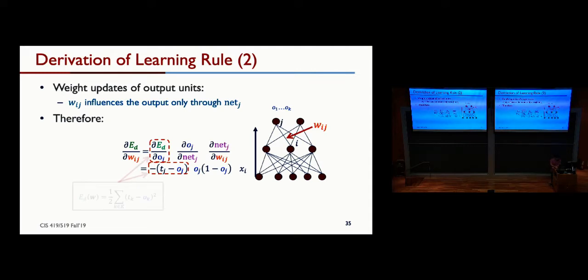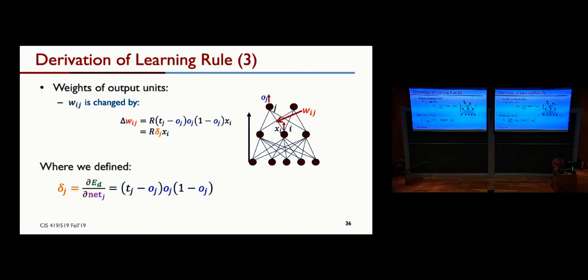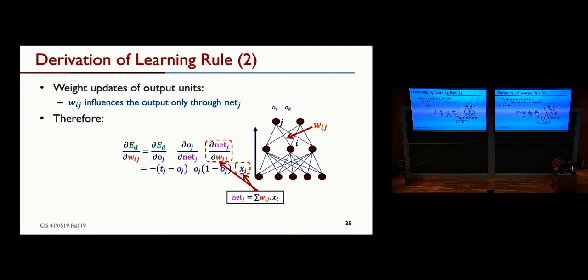Okay. The next one is the gradient of this output you computed with respect to whatever computations you did in this node j. And then the value that you computed in this node j, the value net j, depends on whatever the weight value is, and also obviously the input. And we saw that the gradient for that is xi. So we now have these three computations, and we know that the gradient is whatever this is.